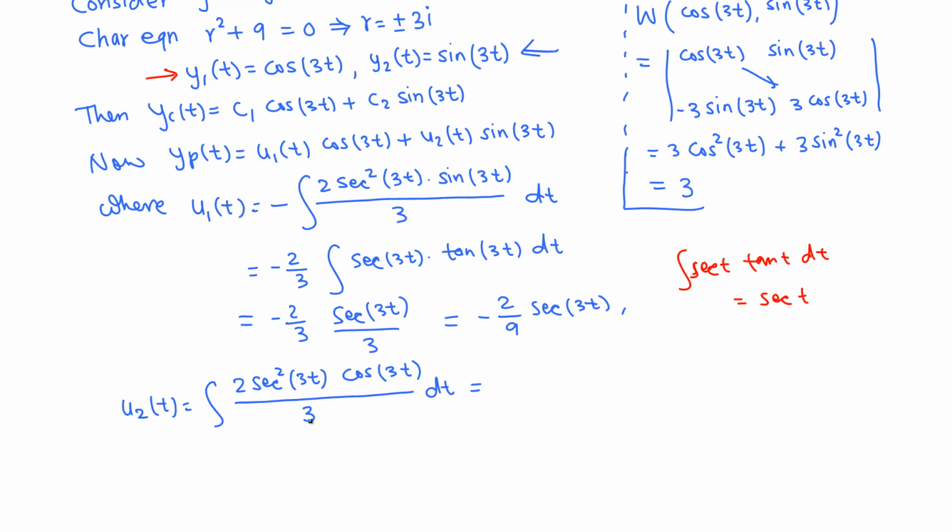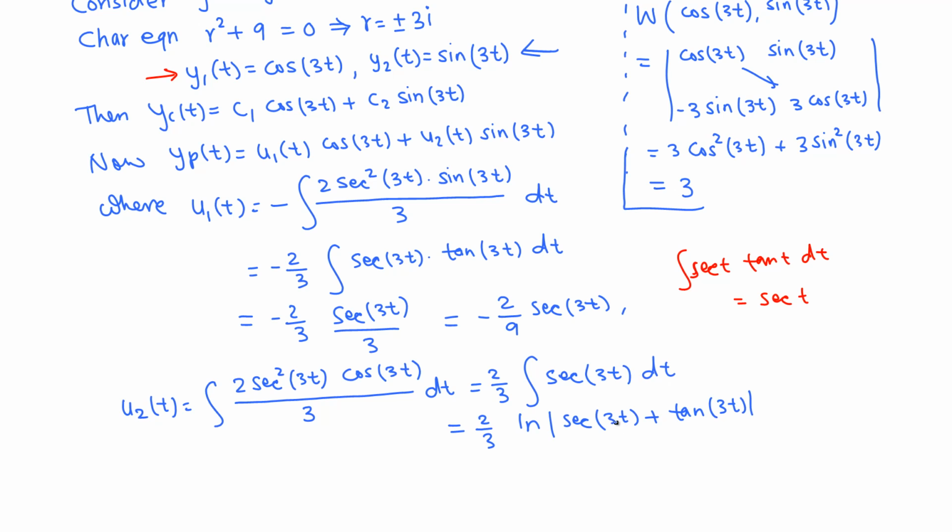Let's find this. 2/3 can be pulled outside. Now secant times cosine is 1, because secant and cosine are reciprocals. We have secant square, so one secant times cosine is 1, and just one secant survives. So this is just secant 3t, and this is 2/3, and we know the antiderivative of secant is the natural log of secant plus tangent.